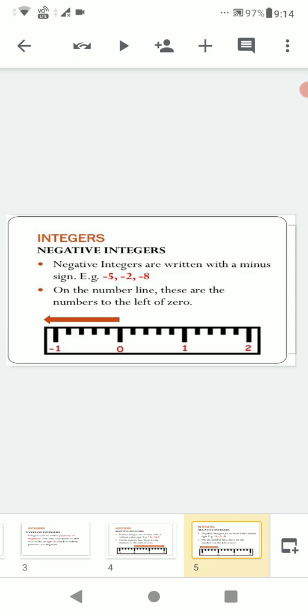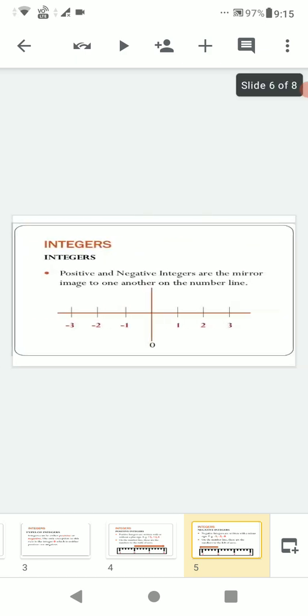These are the numbers to the left of 0. So this red arrow is towards the left side of 0, and here we indicate negative integers.